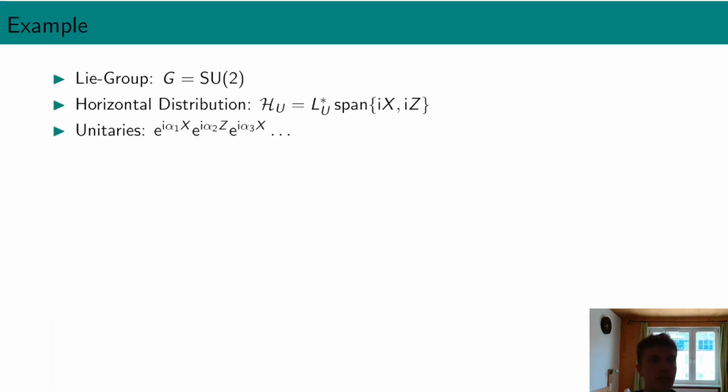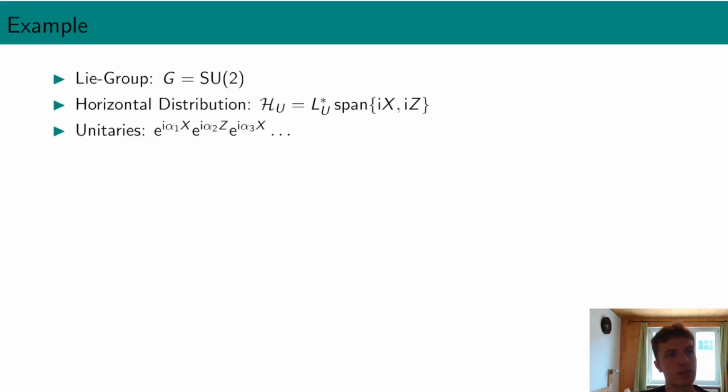So that everyone can follow, we have a very simple example. We take the Lie group SU(2), and we only allow gates that are rotations in a direction spanned by Pauli x and Pauli z. So we have, for example, a product of unitaries: rotations in x direction and rotations in z direction, alternating.